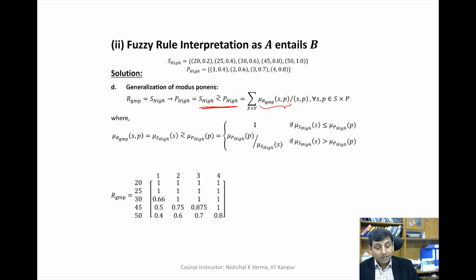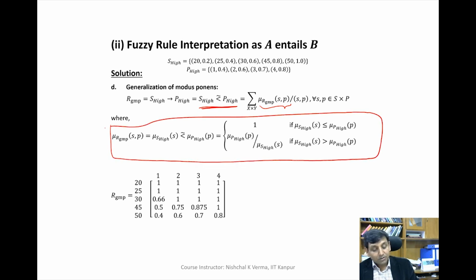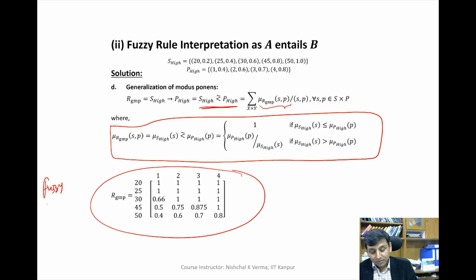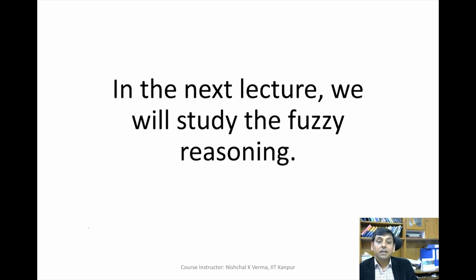So this way mu RGMP we can compute here with this expression, with this condition here. And when we use this, we are going to get the fuzzy relation matrix RGMP.